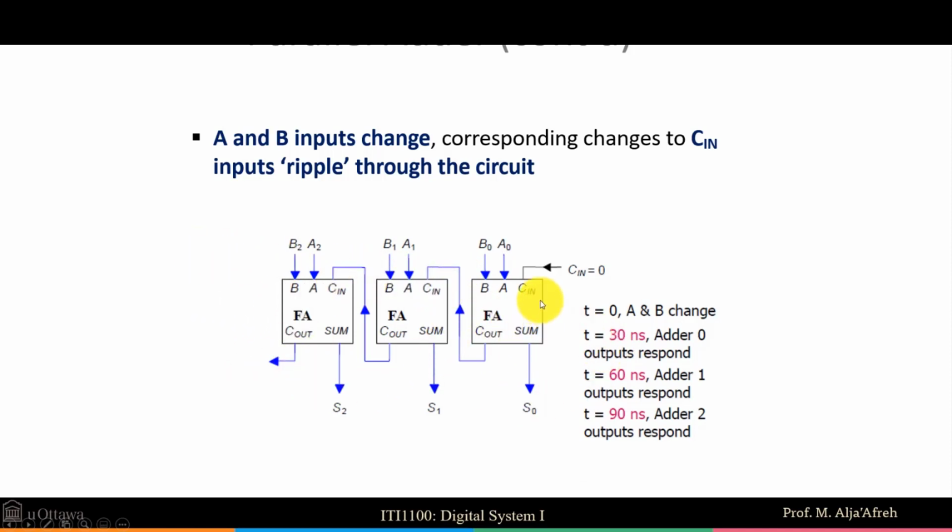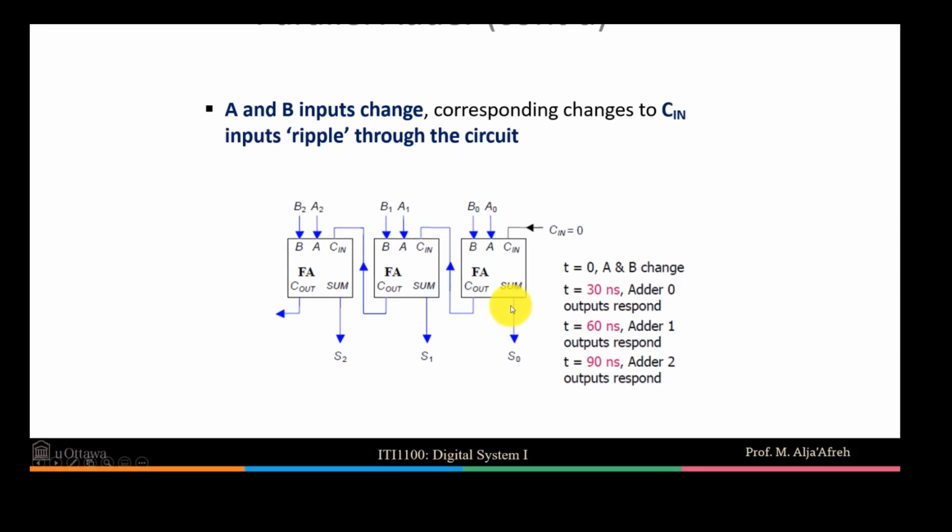Let's assume that any full adder, implemented using a NAND-only solution, will take 30 nanoseconds to give you the output at the terminal. So in order for me to calculate the sum and the carry out for adder number 2 here, I have to multiply the basic propagation delay, which is 30 nanoseconds, by 3, and the time for this 3-bit parallel adder to produce the sum will be equal to 90 nanoseconds.